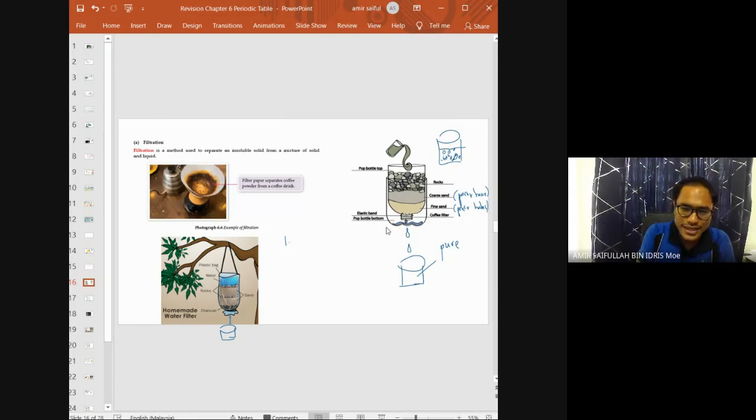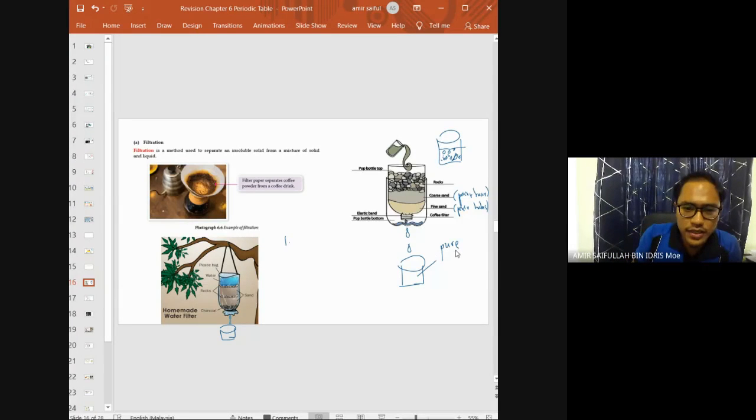We are not discussing chromatography yet. We are only at the filtration method. So this method can actually separate all the dirts such as sand, stones, and maybe dirts, right?